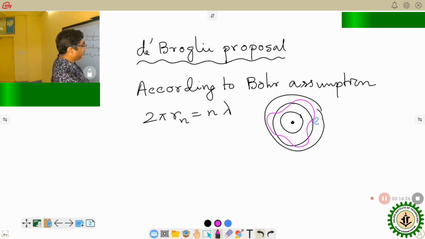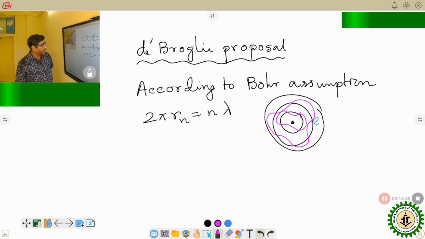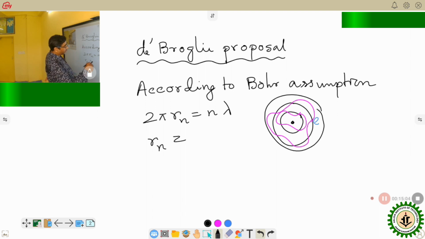The number of waves it completes in the second orbital would be different from the third orbital. According to Bohr, in the nth orbit, if its circumference is 2 pi rn, then it is equal to n lambda, because it is the path length. So the radius of that orbit is n lambda by 2 pi.